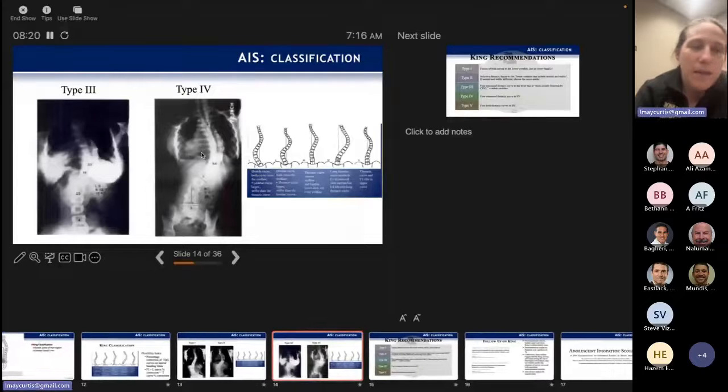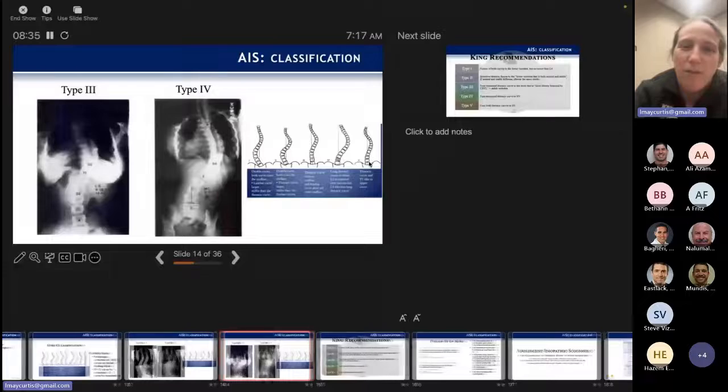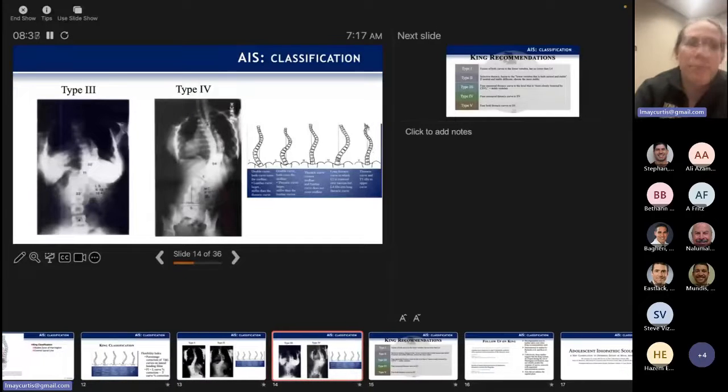And then 3, the thoracic curve crosses midline, but the lumbar curve doesn't. And then 4 is a long thoracic curve where the L4 vertebra is starting to tilt into that curve. And then finally, I don't have an x-ray of it, but type 5 is just a double thoracic curve where T1 is starting to tilt into that upper thoracic curve.